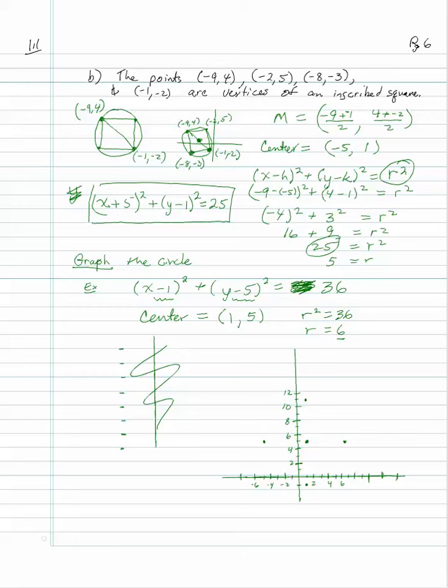And then you make your best attempt at a circle, but if you happen to have a compass, you set your distance for 6 units and then draw it in.